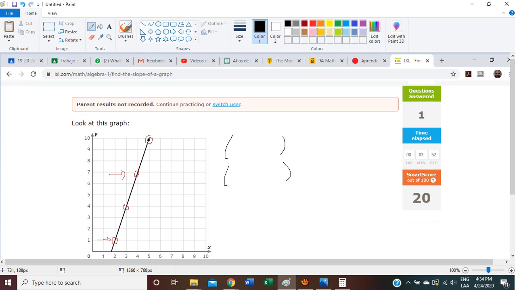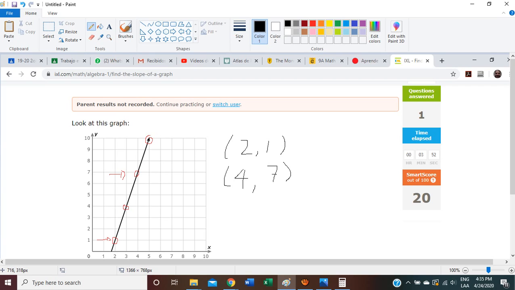Remember, the first is x and the second is y. So the first one, x is 2 and y is 1: 2, 1. This one, x is 4 and y is 7: 4, 7. So I write the formula.